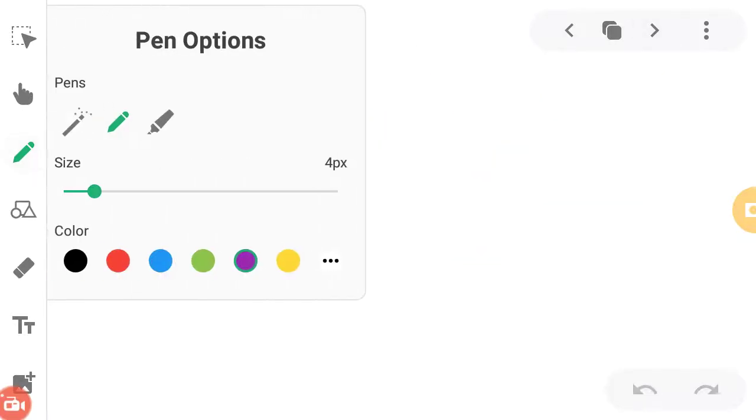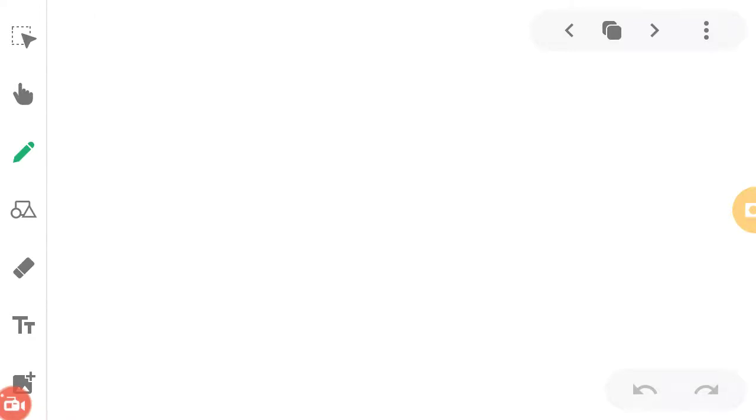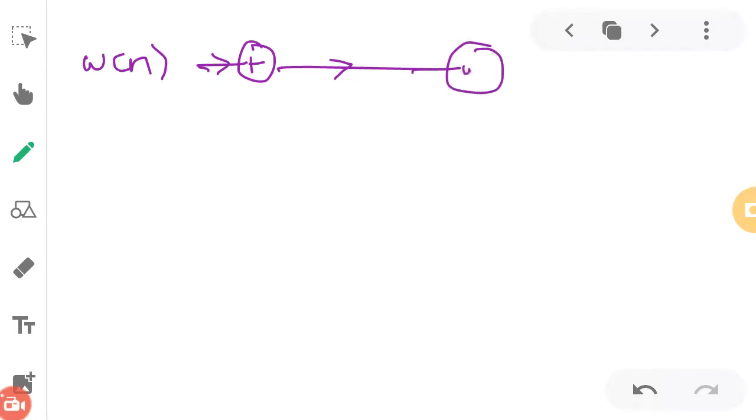So we will draw it like this: w of n, plus, and we are getting y of n equal to this, and this will be y of n.